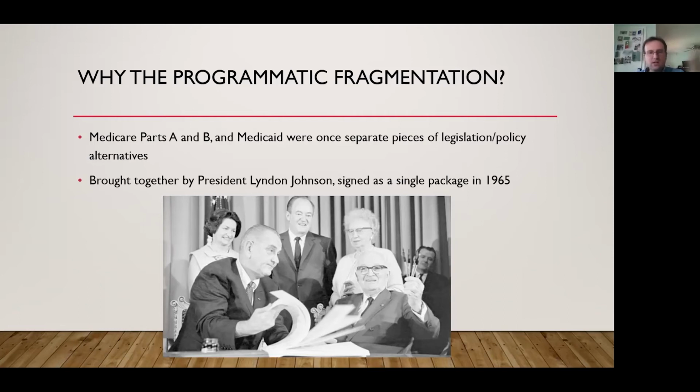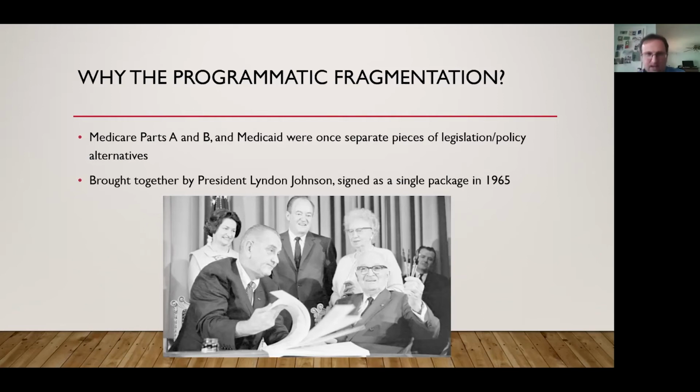What's important to note about this period as well is that originally Medicare Part A, Medicare Part B, and Medicaid were 3 different pieces of legislation that were championed by different constituencies. So Medicare Part A was the original progressive program designed to cover mainly seniors.